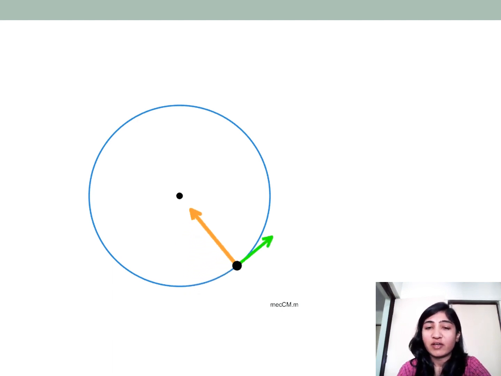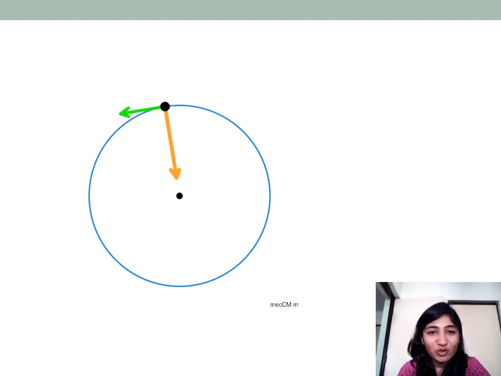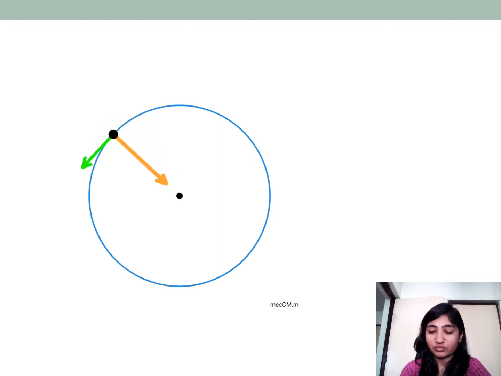And we all know that we have studied it in the 9th standard that the object has tangential velocity at the instant. So this diagram shows the tangential velocity of the object at any instant, but it is bound towards the center because of this force shown by orange arrow.